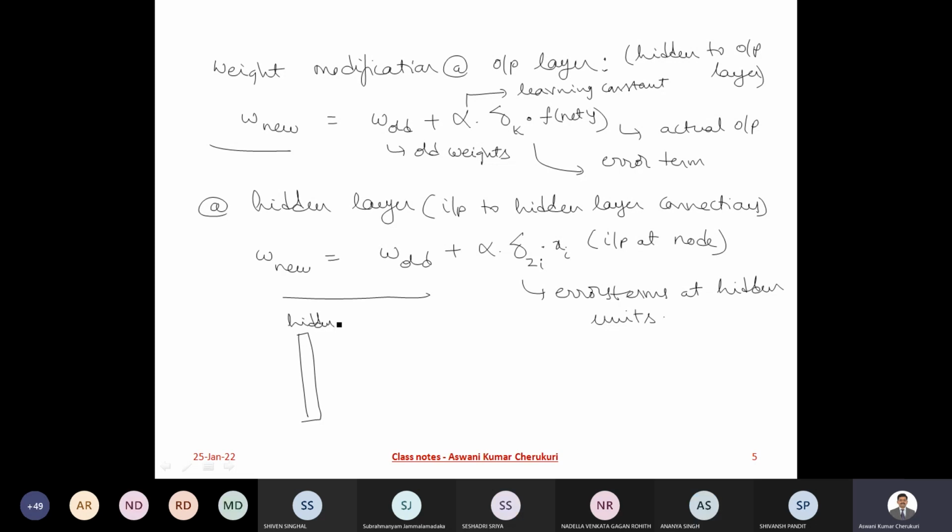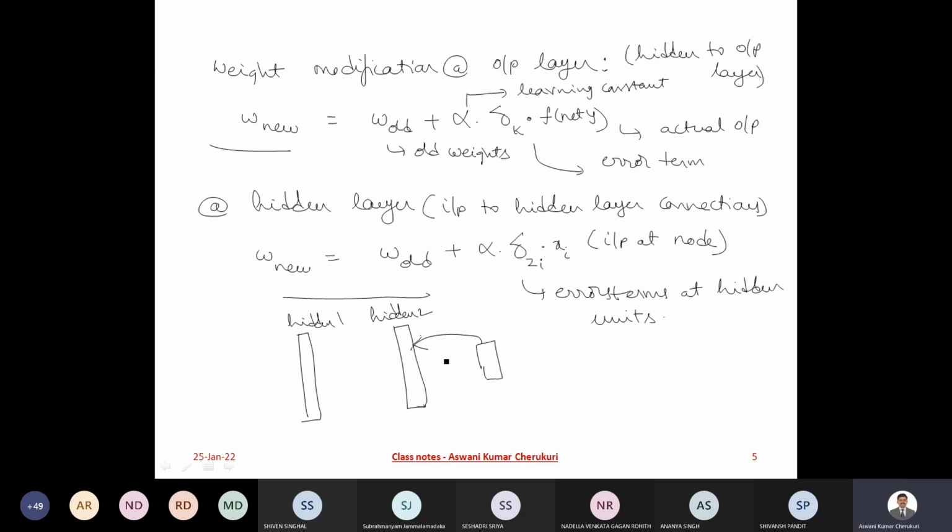So this is hidden layer 1. Imagine this is hidden layer 2. And this is your output layer. So far we were discussing only one hidden layer. If you have two hidden layers, the error term propagates from the output to hidden 2.